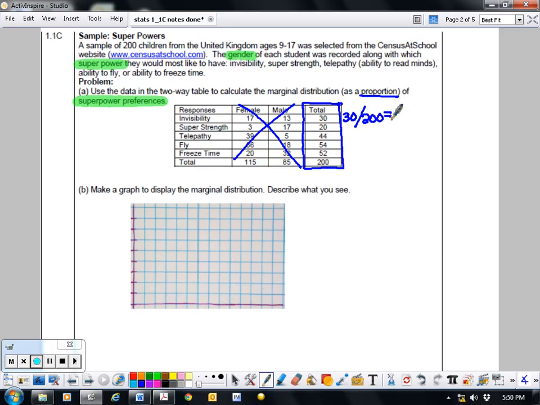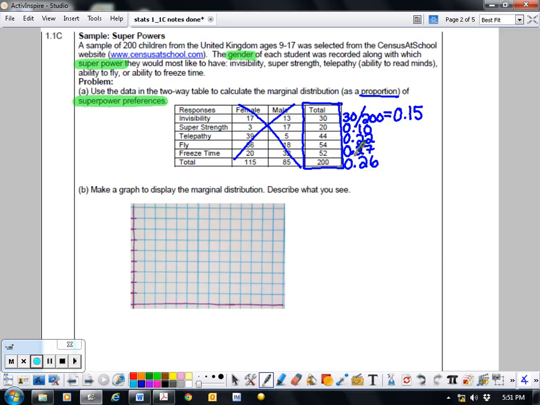And that proportion is about 0.15. And we're going to keep doing that. So 20 out of 200 is 0.10. 44 out of 200 is about 0.22. 54 out of 200 is 0.27. And then 52 is 0.26.